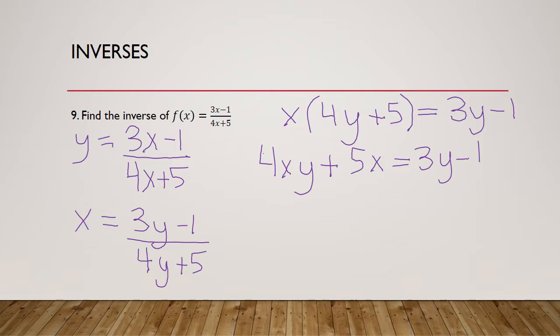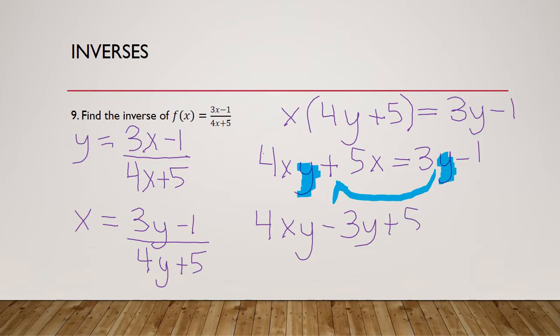So now I want to get all of my y stuff together. So here's a y here and here's a y here. Okay, they're on different sides. So I need to move this guy over. So I'll have 4xy - 3y + 5x = -1.